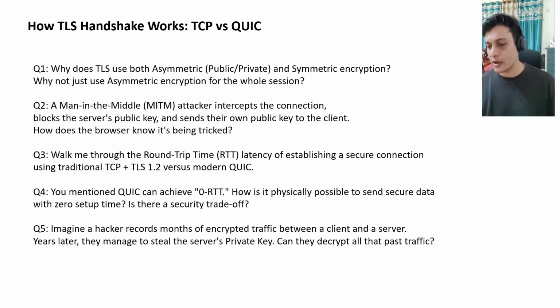Imagine a hacker records months of encrypted traffic between a client and a server. Years later, they manage to steal the server's private key. Can they decrypt all that past traffic? So I will say no, because this Q5 is for QUIC first of all, and that particular private key which we created while running QUIC, those were temporary secrets.